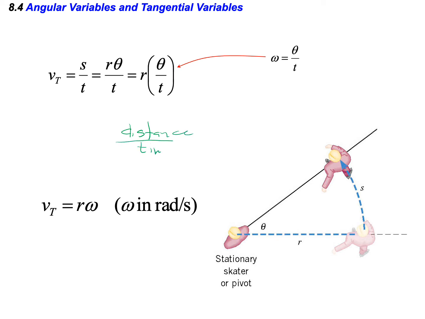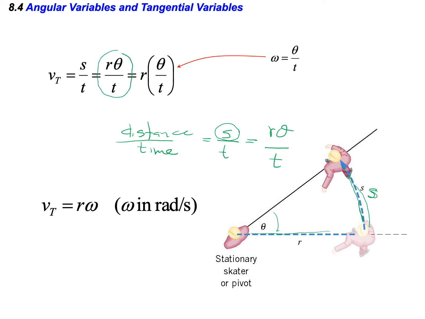So if you consider a very small distance, let's say the distance is s, therefore s over t. So this s, which is arc length, is a small section of this circle. This arc length we can write in terms of radius and the angle, which is equal to r times theta divided by t. So r theta over t.